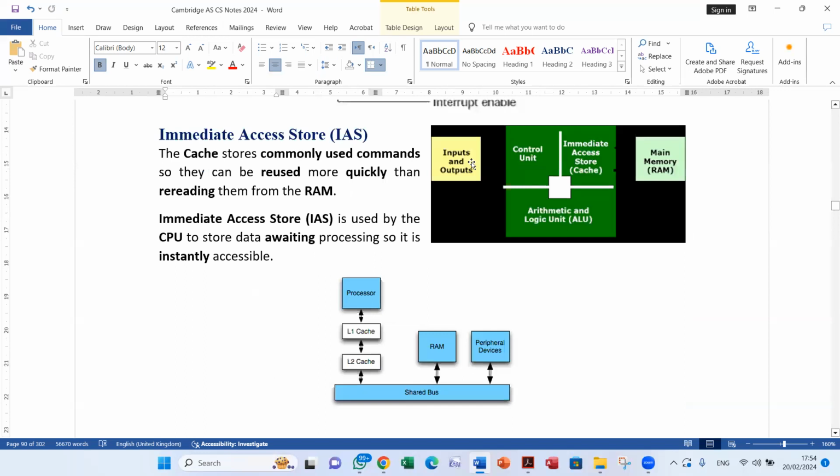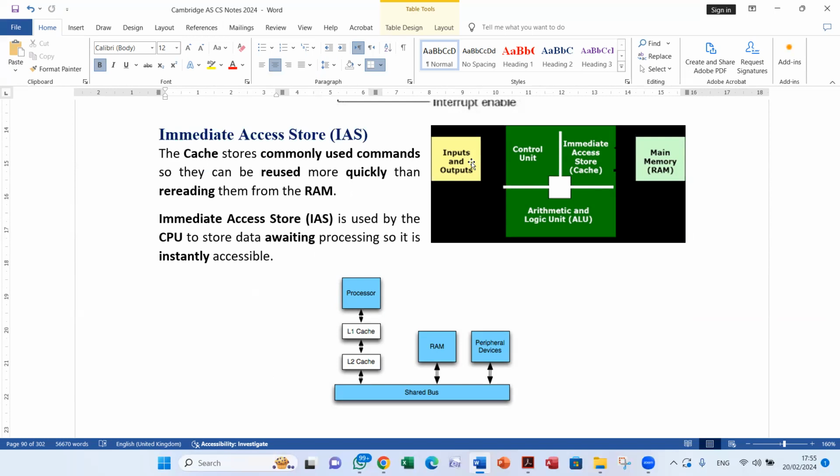Immediate access store, IAS, we have what is called cache memory. The cache memory is inside of the processor, holding frequently used instructions. The cache stores commonly used commands so they can be reused more quickly than reading from the RAM.